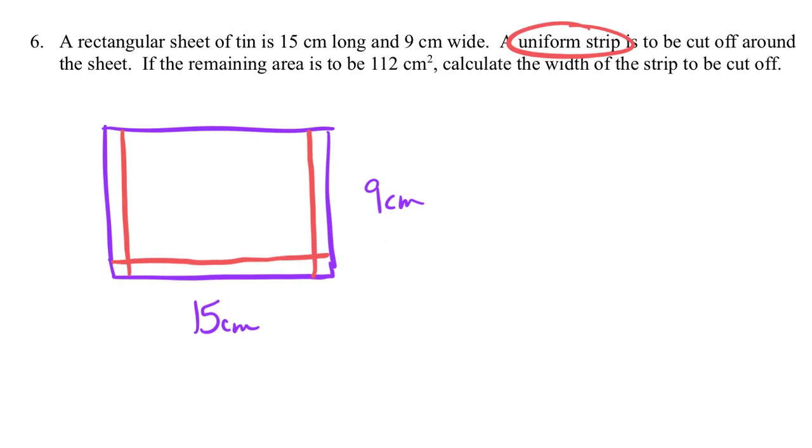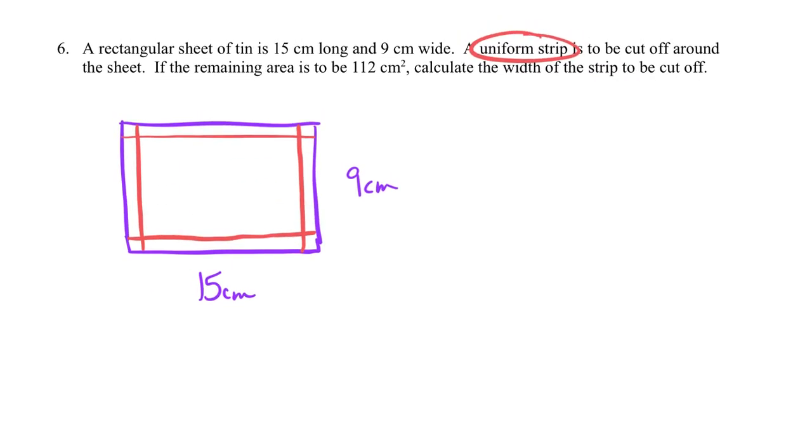If I now went and cut off a strip this wide on that last side, that would no longer be uniform. The way that I can cut off a uniform width would be the same amount on every side. So something like that. That's what uniform means. Okay, let me shrink that back down.